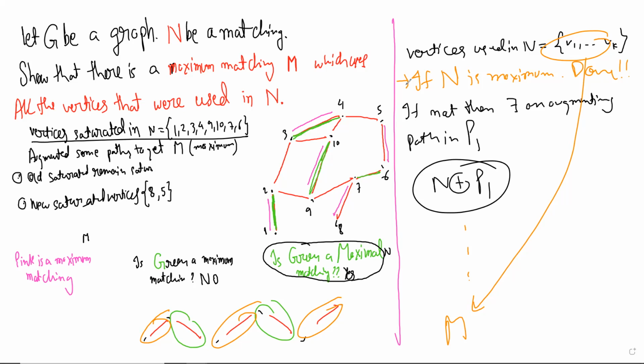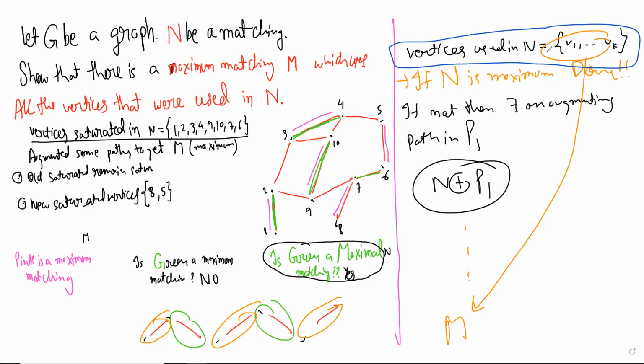Yeah. So you see, this is a very important point. And so in that sense, if n is a matching and you have the set of saturated vertices, then this set of saturated vertices is not maximal, all right? Because you can enlarge it.